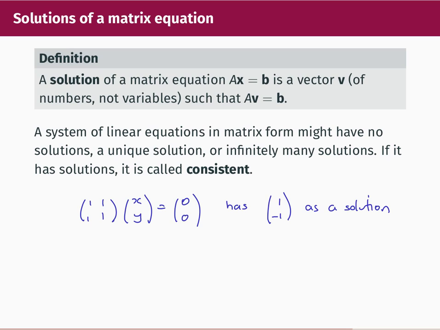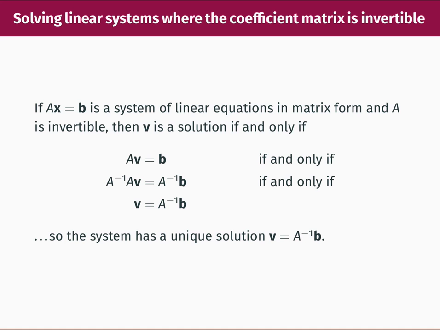And in fact, there are infinitely many other different solutions to this system of linear equations. So the key difference there is that a solution must be a literal numerical solution to your equations.